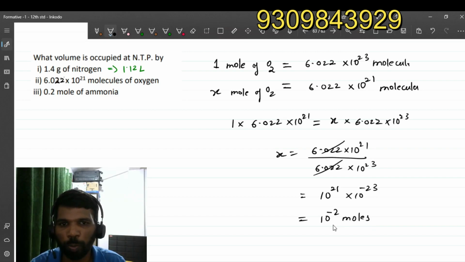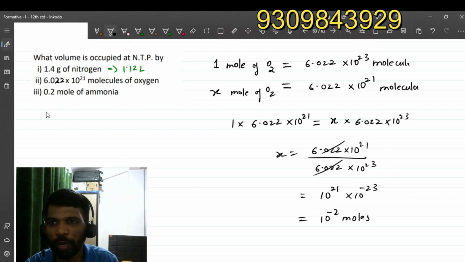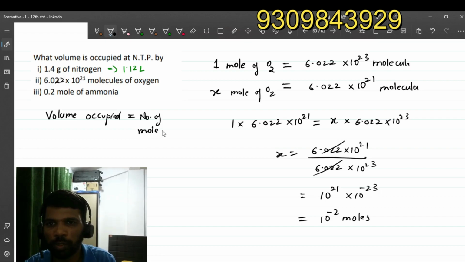So what is the volume occupied by that? You can use the formula: volume occupied is equal to number of moles multiplied by 22.4. What is the number of moles?